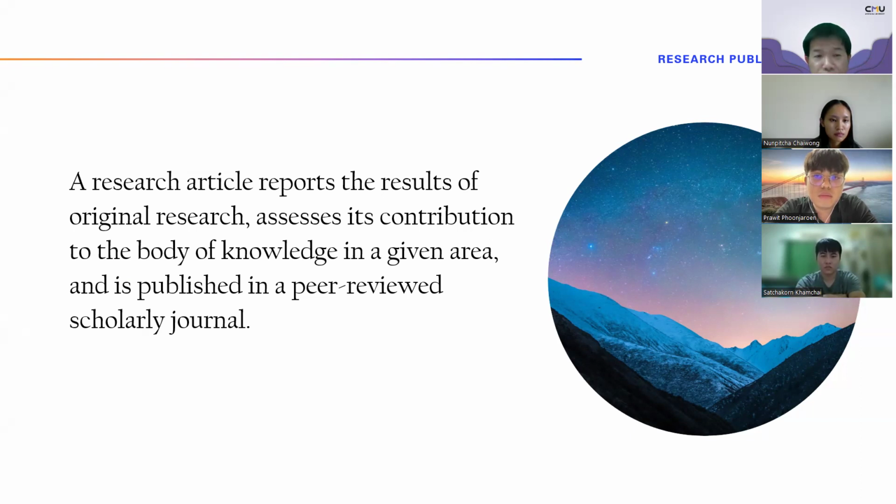We need to change something. It's evident that a research article reports the results of original research. Someone can use thematic analysis, or someone uses systematic review or scoping review. That is secondary. I know someone has experience using scoping review, but it takes time, or systematic review. Okay, it is a contribution to knowledge, because we need knowledge.